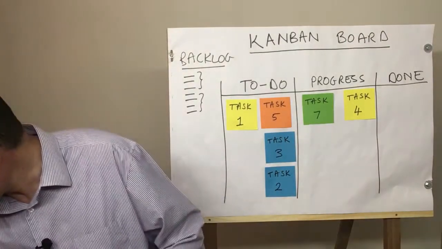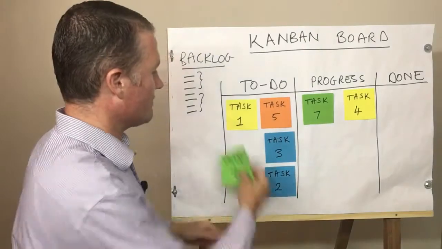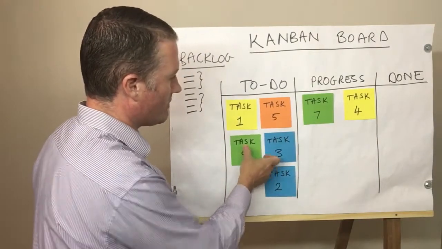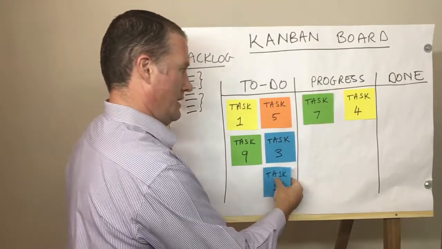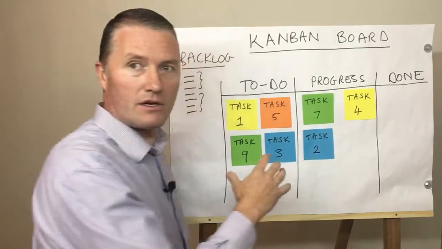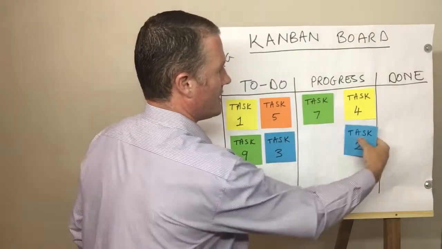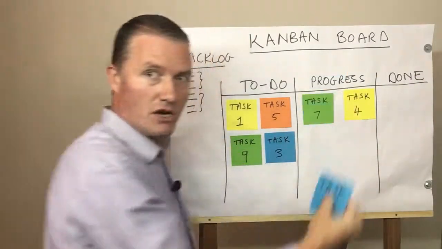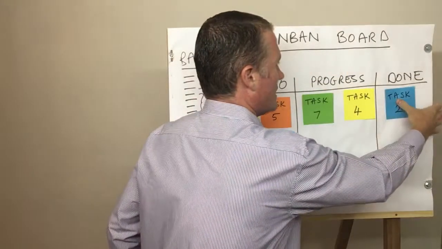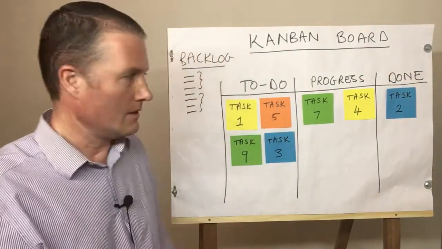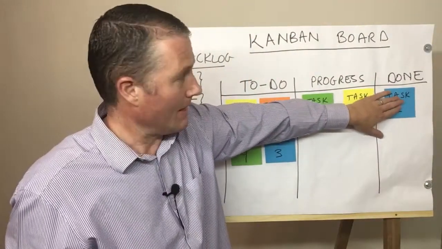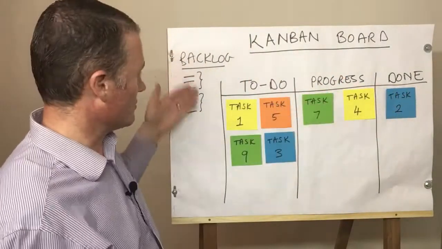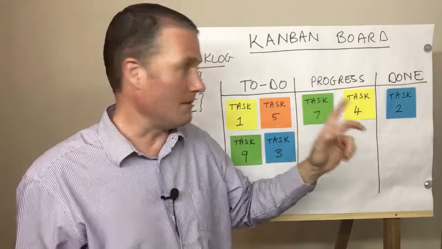So let's say now, for example, we've added a few more tasks on here and we've had a couple of meetings and we've been moving tasks across the board. Ultimately, they get a little bit further on in the progress column and a task gets completed and it goes into the done column. And you celebrate that. And often when features are completed in a software engineering project, they ring a bell.